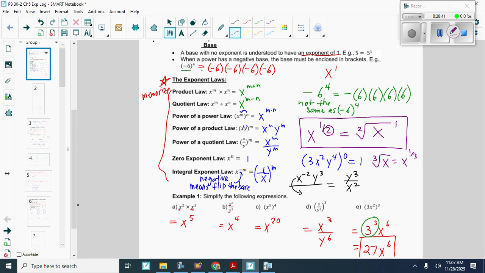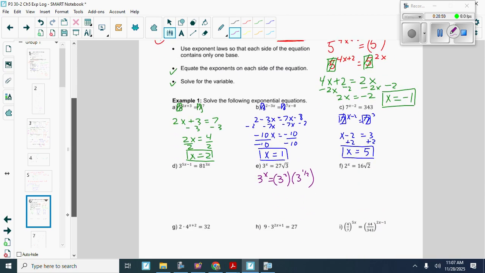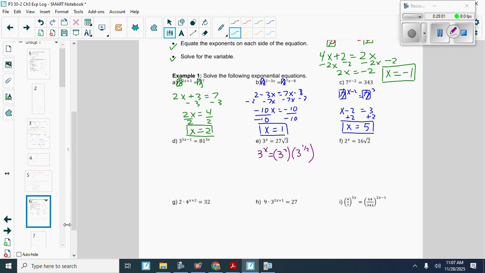Every radical, if it doesn't have a little number, the invisible number is 2. It means it's a square root. In this question it didn't have a little number, that's why I put the 2. So this has an invisible index of 2. That's why my exponent is 1 over 2.